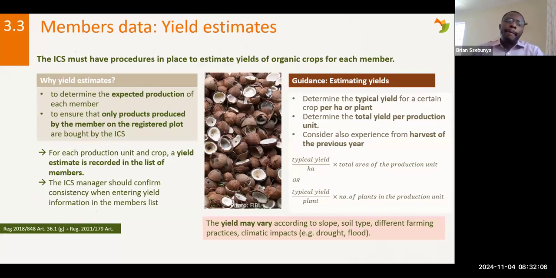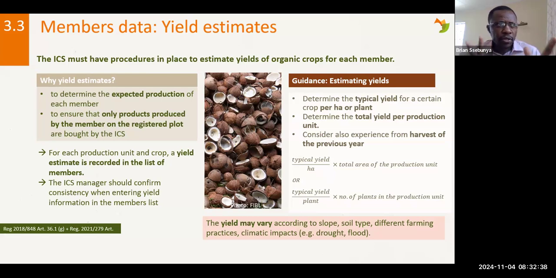Again, we need, for example, if growing coconut, we need to know how much they will harvest and potentially sell to the group of operators. There are different ways of estimating this, depending on the crop. Sometimes you can determine by acre. You say, okay, if you are growing pineapples, per acre, for that location, the average yield is so many tons per year.